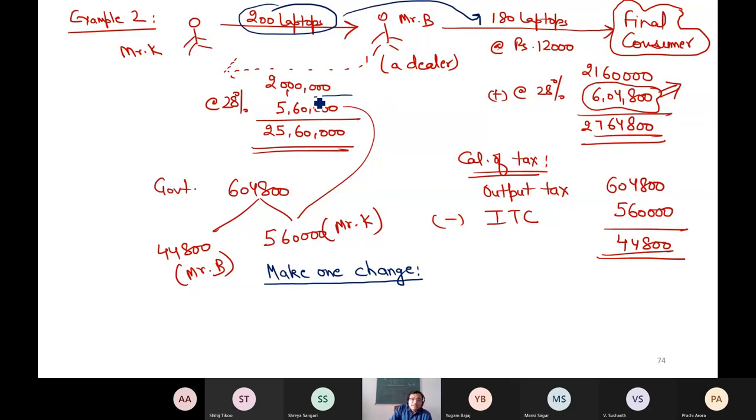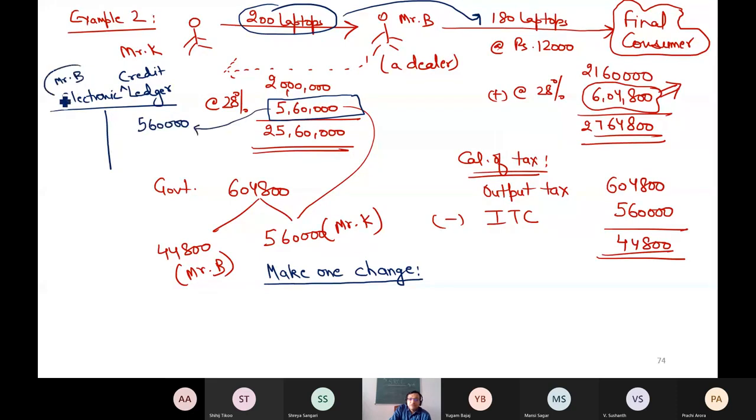Because you cannot say that the electronic credit ledger is always open. For any registered person, this account is always available. The electronic credit ledger, always it is available. And this ITC of 560 is available. So this is the electronic credit ledger of Mr. B. Always it is available.